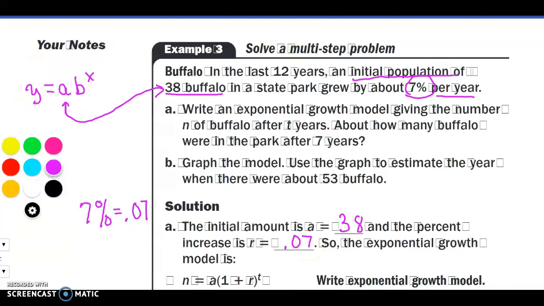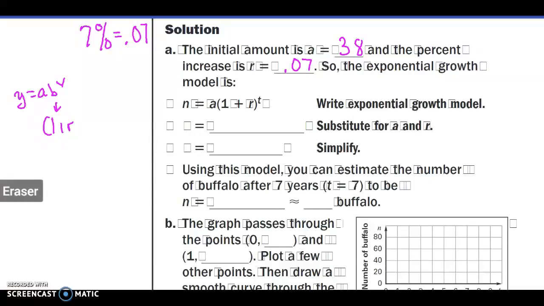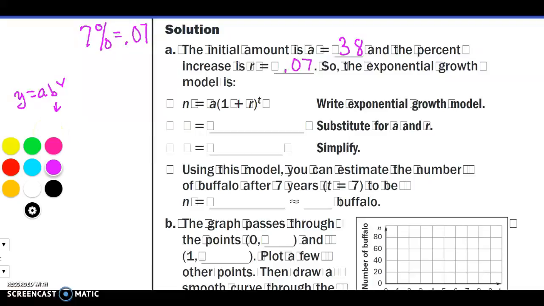So when we actually write this equation, we had this y equals ab to the x. Well, b is going to become, for exponential growth, 1 plus r. 1 being the fact that when we have growth, we keep all of what we had. And then we add on this extra percentage.